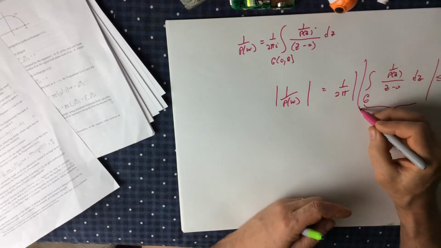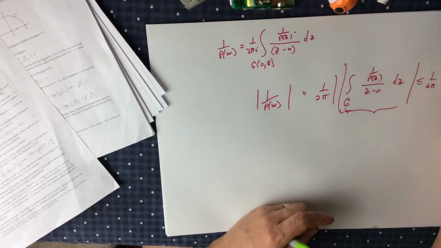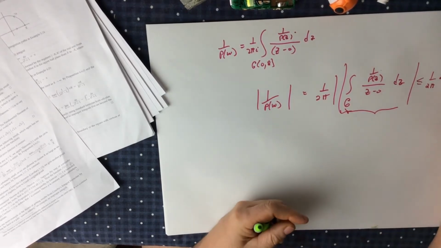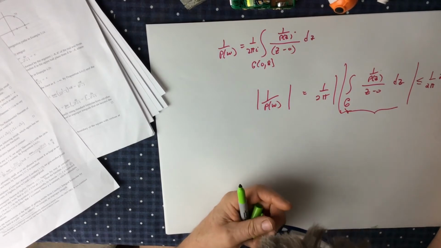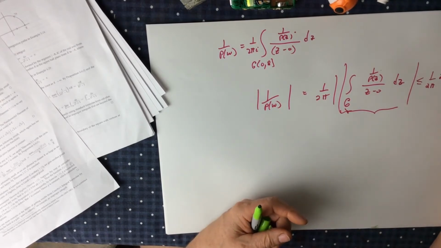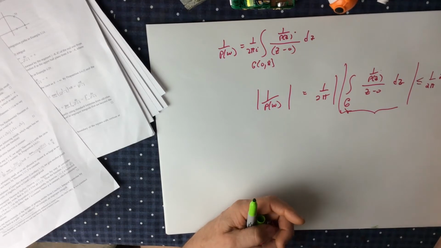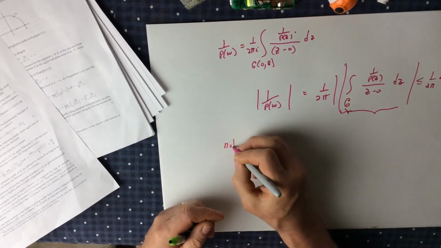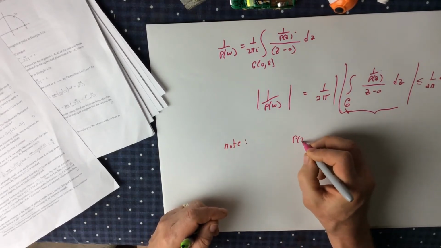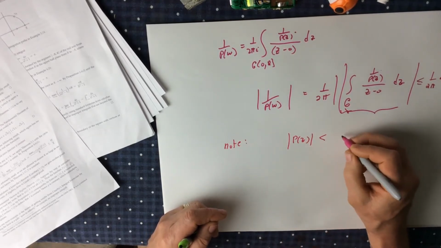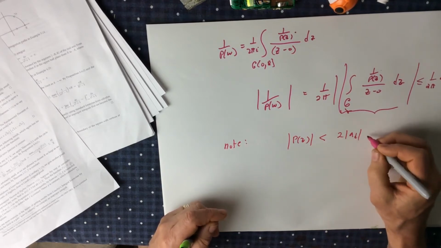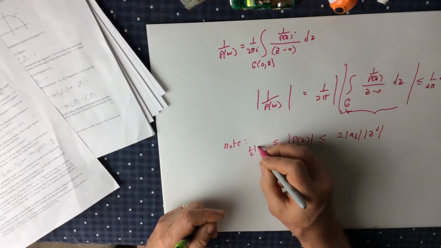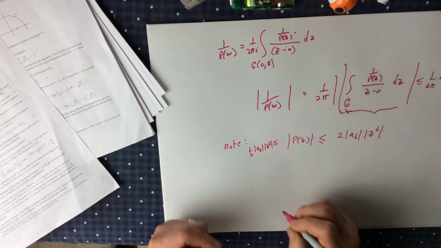The ML theorem says how long is this arc of this circle? Why, that arc is 2 pi r. And now we just need the max of 1 over P of z on that circle. But we proved this. We know that P of z has this bound by its coefficient, and z to the d, and 1/2 its coefficient, z to the d.